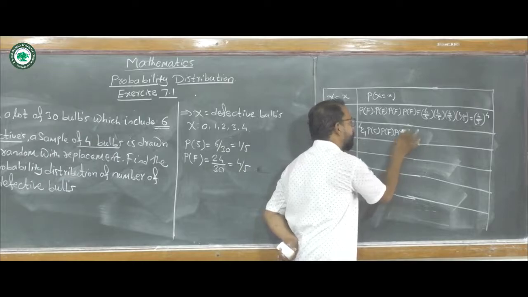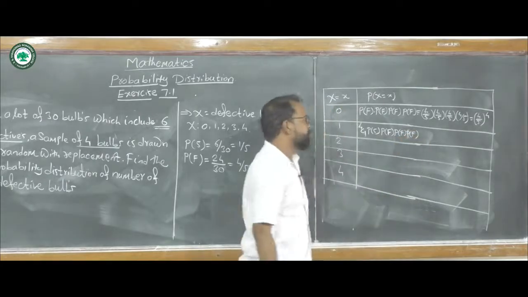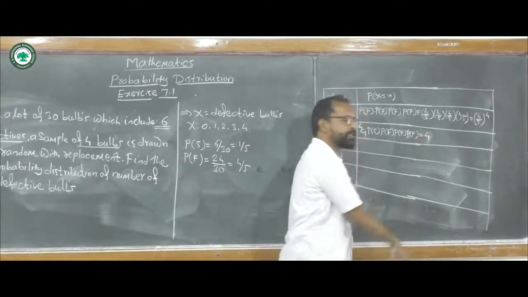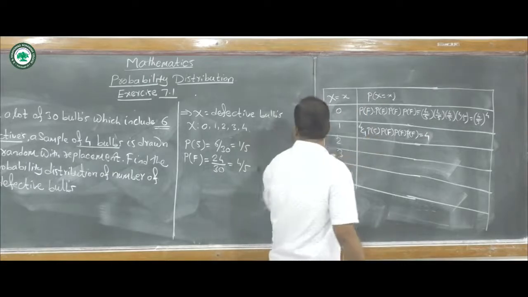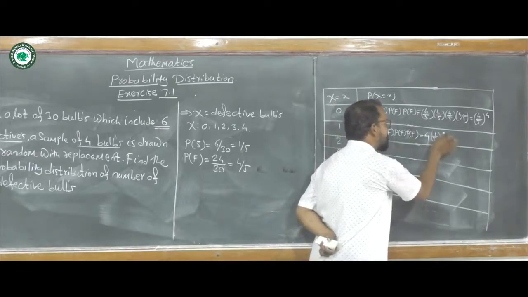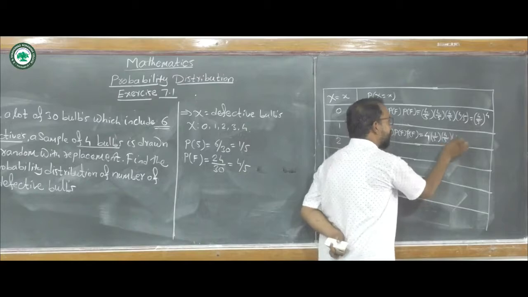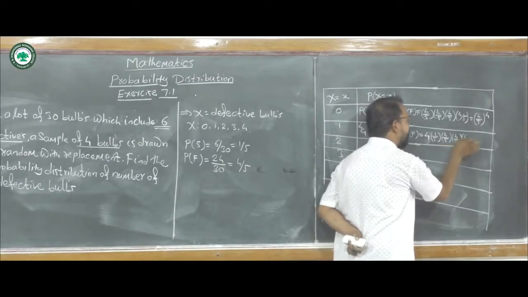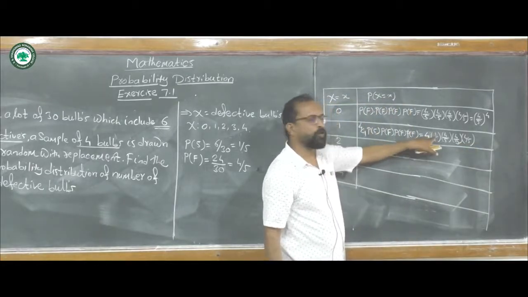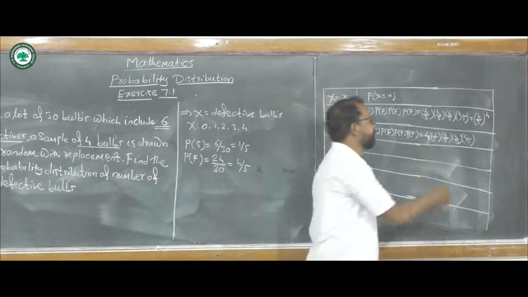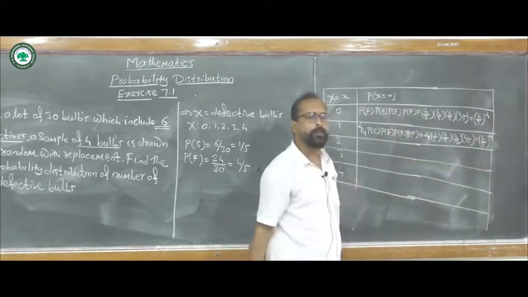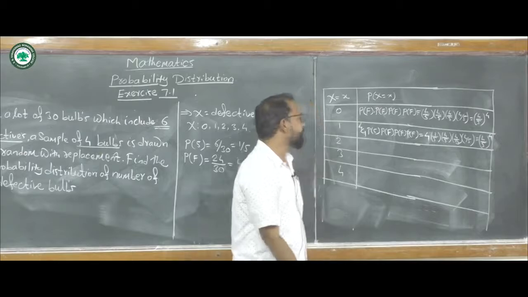Now if we put the values, 4C1 is 4, the probability of success is 1 upon 5. So it becomes 4 into 1 upon 5 into 4 upon 5 into 4 upon 5 into 4 upon 5. Now 4 into 1 upon 5 means again 4 upon 5, so it again becomes 4 upon 5 raised to 4 by using the law of indices.